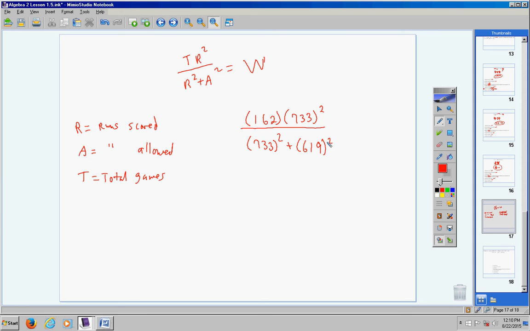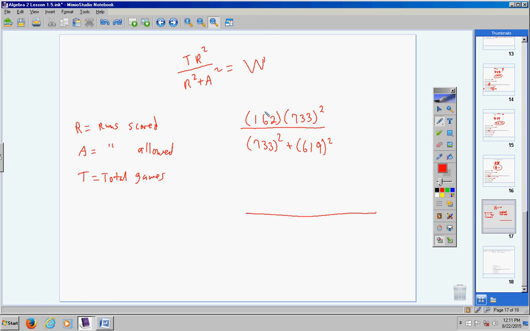733 squared. Now listen carefully, do you first multiply 162 times 733? No. We've talked about this quite a few times. You first do your powers, then whatever you get, multiply it. So with your calculator, if you type in 733 squared, or in other words, 733 times 733, you will get 537,289.